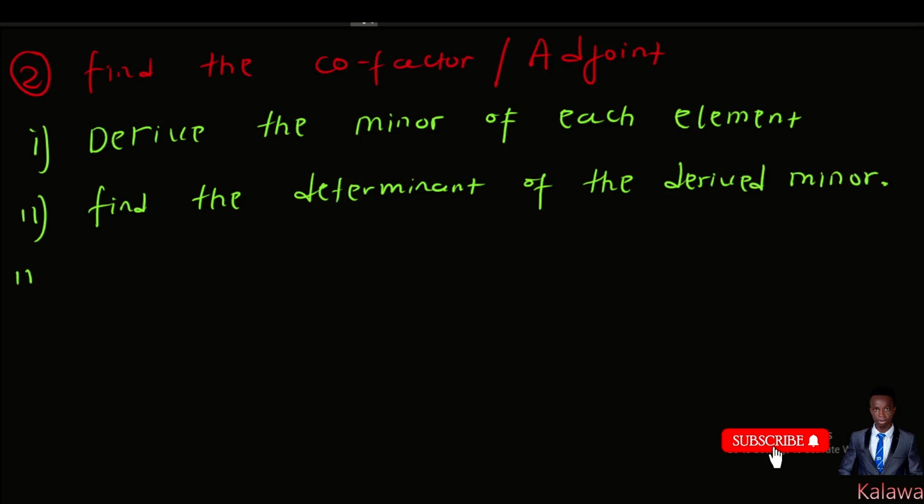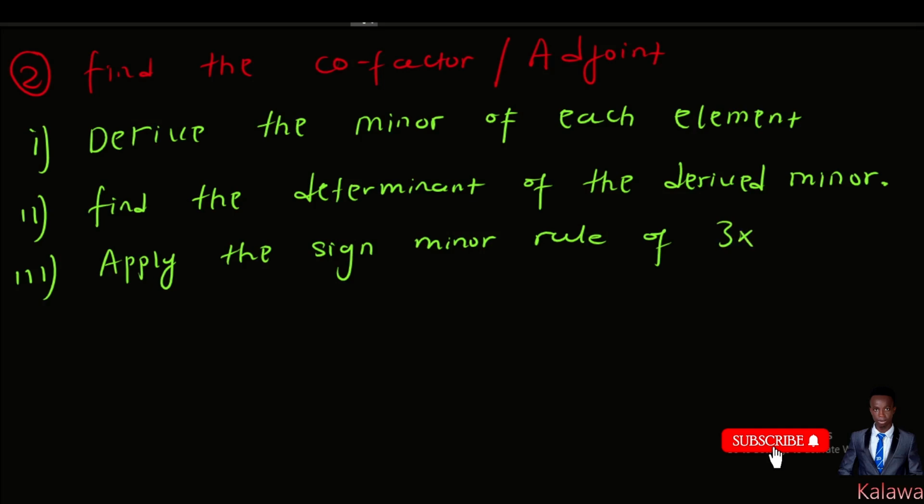And the third step, we apply the sign minor rule of 3 by 3 matrices.